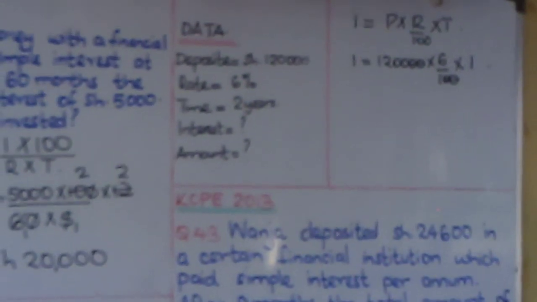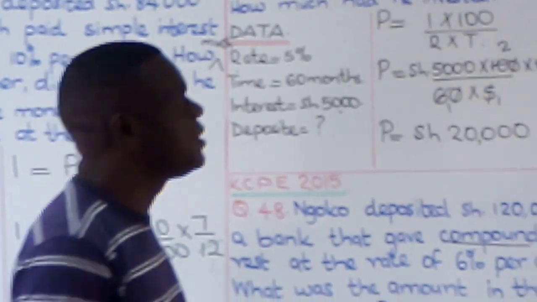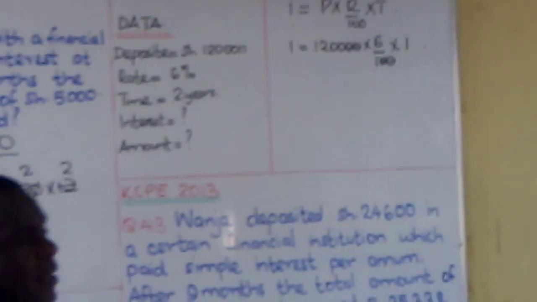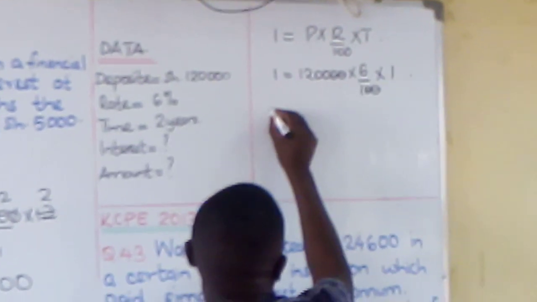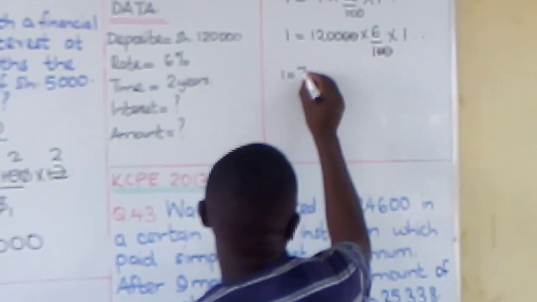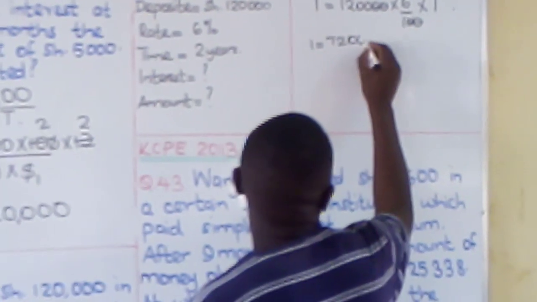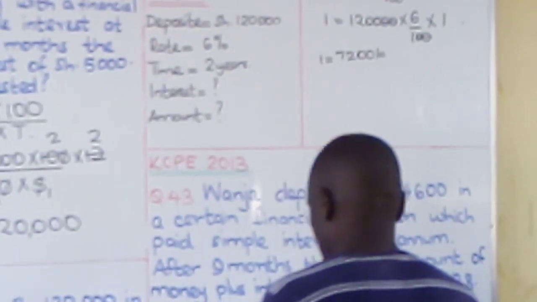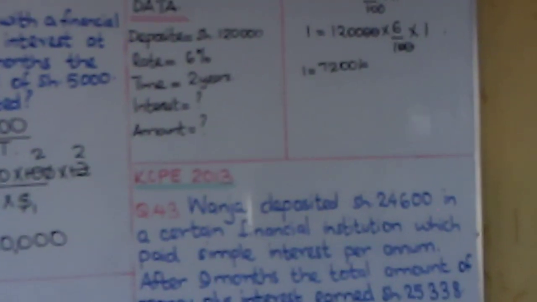John Mark? Very good. Please clap for John Mark. He got it right. And the interest would be 7,200 shillings.